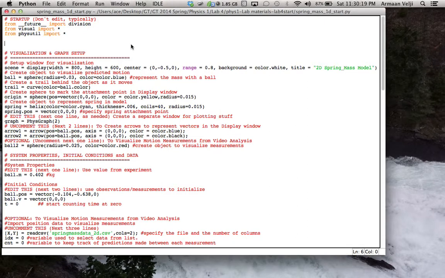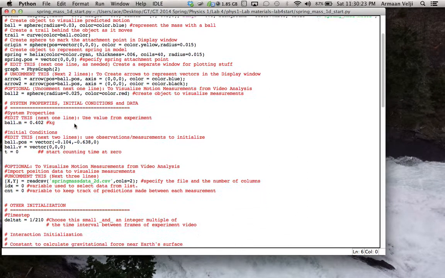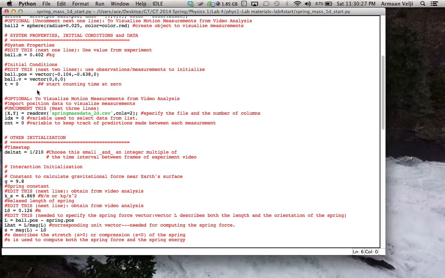In this computational model, I have the visualization and graph setup, which I did not change. Second, I have the initial properties, which states that the mass was 0.402 kilograms. Also, the initial position of the mass of the system, which was found from Tracker, and the initial velocity, which is 0, and the time starts at 0.